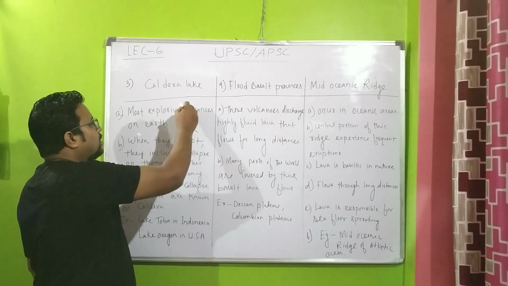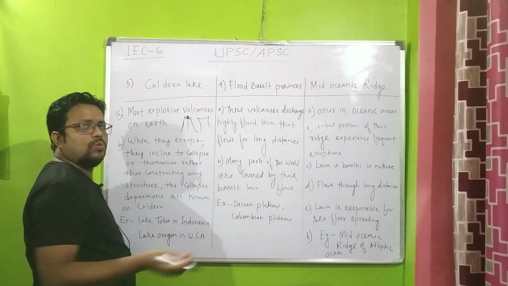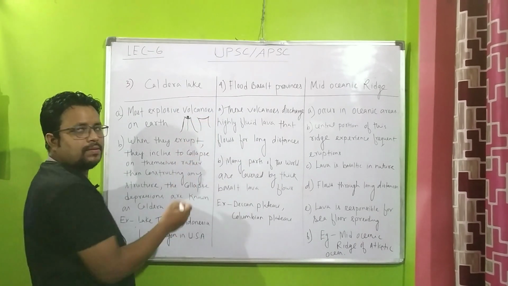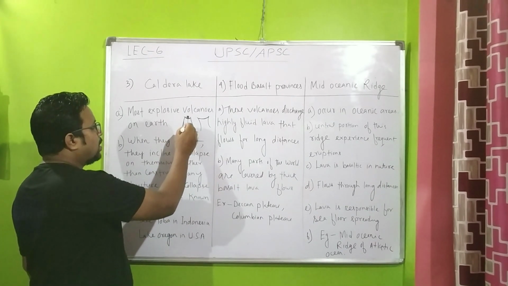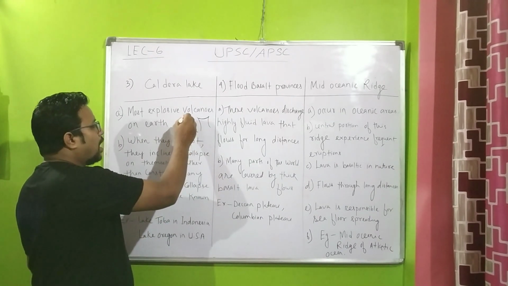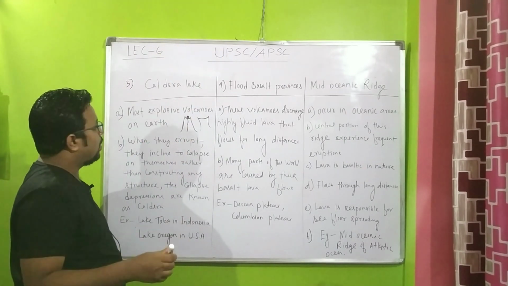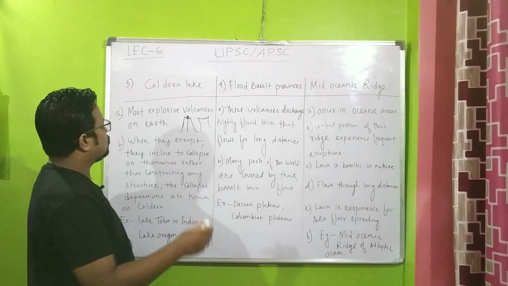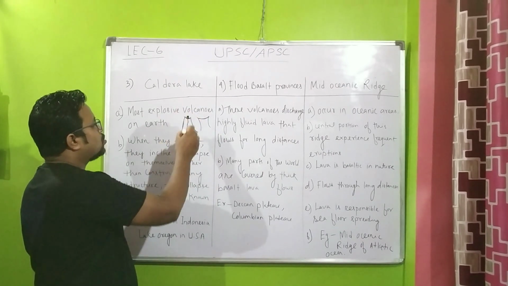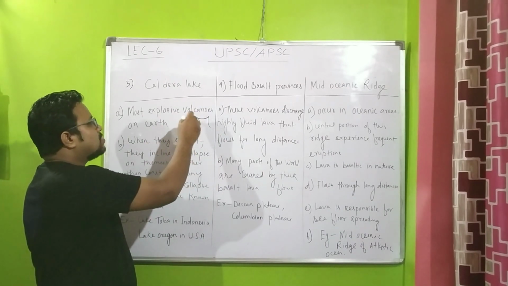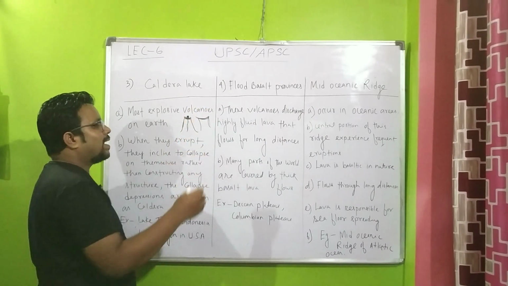That means it will fall on the crater, thereby increasing the size of the crater, which is known as a caldera. The size of the crater becomes larger because the magma comes out in the form of lava and falls with huge pressure and huge force. This increase in size is known as a caldera.